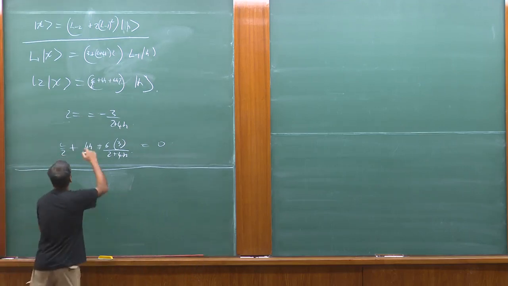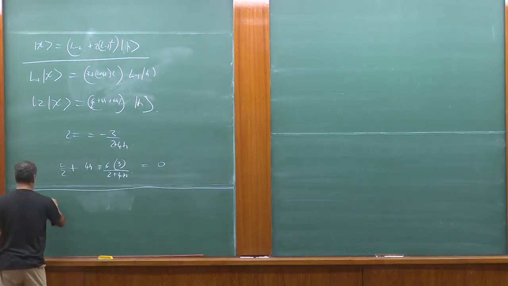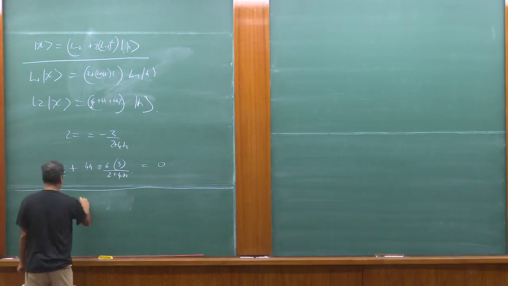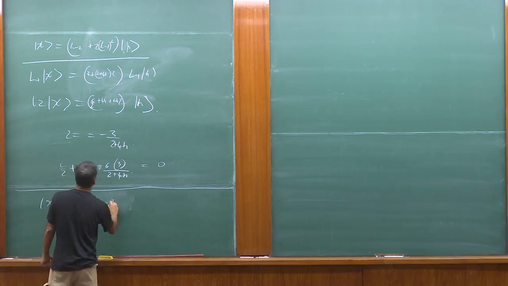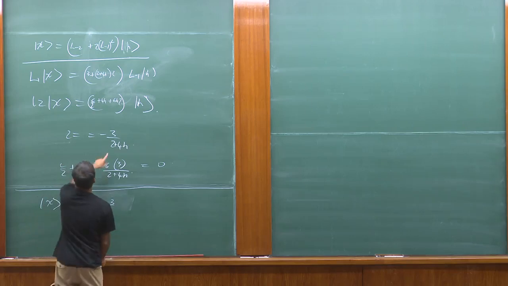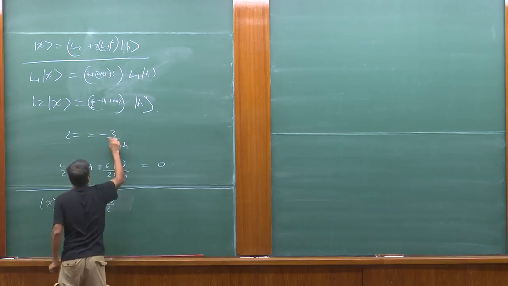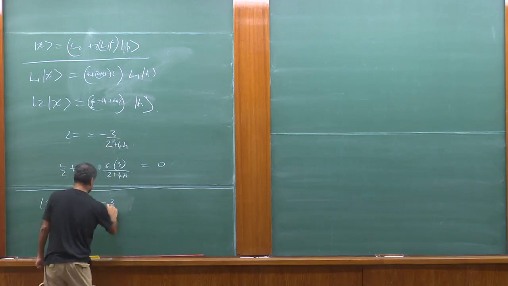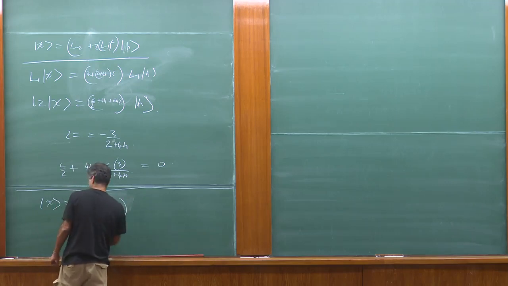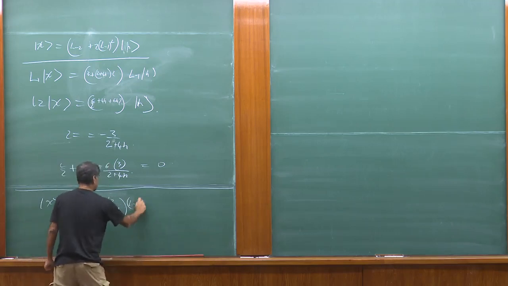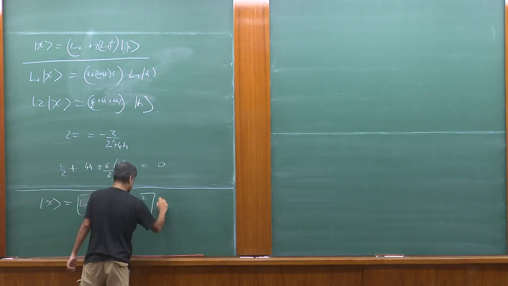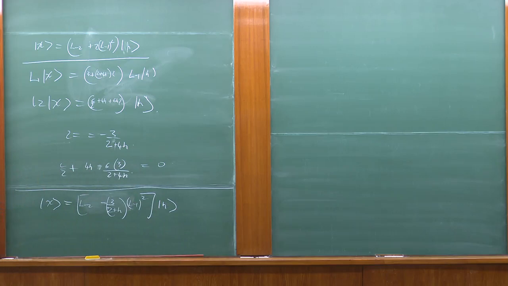This eigenvector, chi, the null state, is equal to L minus 2 minus 3 by (2 plus 4h) times L minus 1, the whole thing squared, on h. This is the null state in our module. This is the particular level 2 null state in our module.